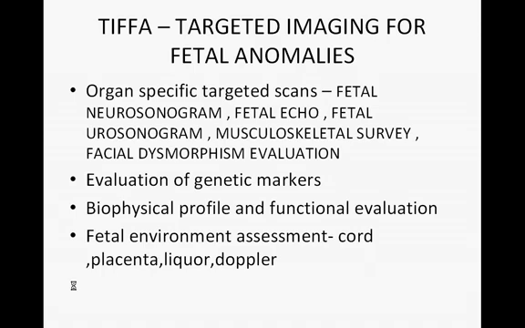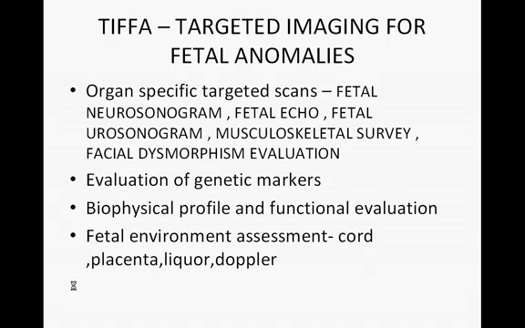Apart from organ-specific targeted scans, evaluation of genetic markers, biophysical assessment, we have to evaluate the fetal environment. Look for the placenta, the umbilical cord and the liquor. And also the monitoring of the blood flow within these structures, which can give vital clues about the fetal environment and the fetal well-being.